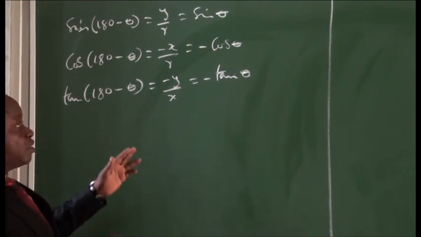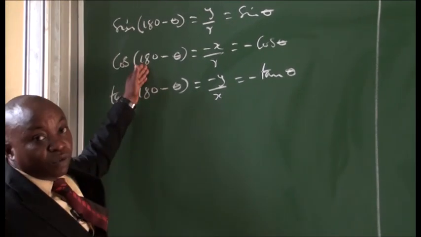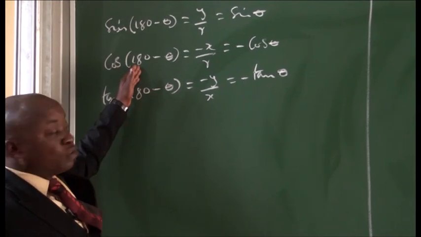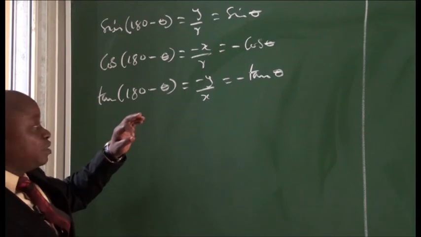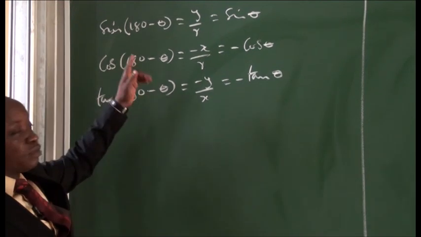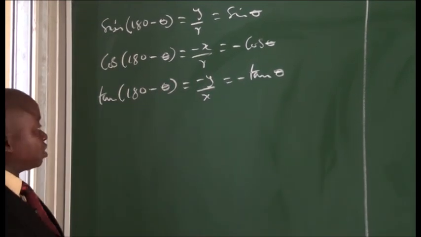And in the second quadrant, we have the maximum of 180 degrees. So for any angle that we need, 180 degrees minus the angle can give us the supplement.